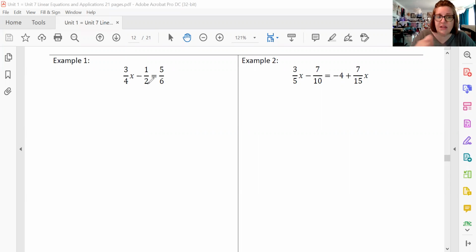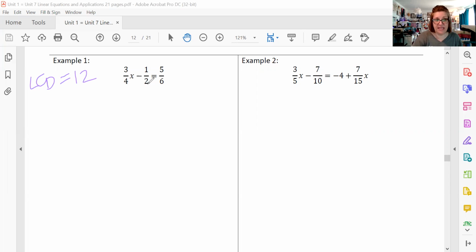The first thing I'm going to do is look at that 4, the 2, and the 6 and think to myself, what's a number that all 3 of those can go into evenly? If I was going to change them all to have the same denominator, what would I change it to? Well, it would be 12. 4 goes into 12, 2 goes into 12, and 6 goes into 12.